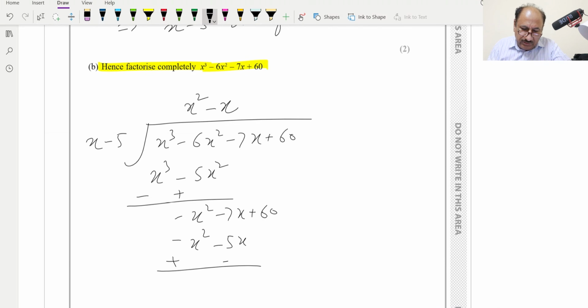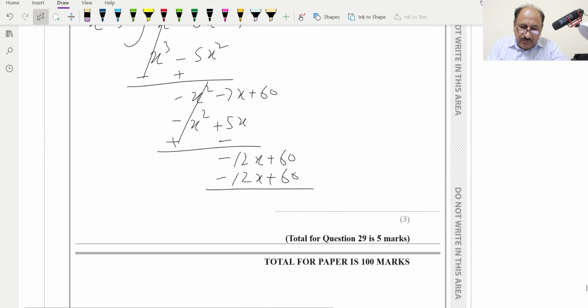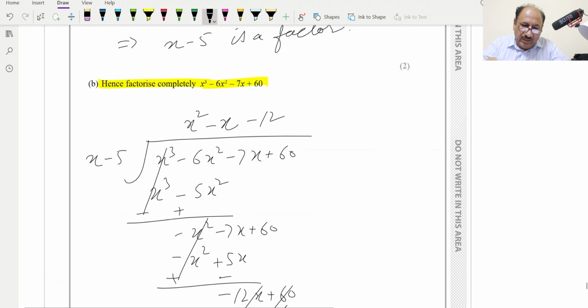Now we can change sign, and this will be plus here and minus here, so these cancel, and it will be minus 12x plus 60. Now we can multiply by minus 12, so minus 12x plus 60, change sign and cancel, and we get 0.